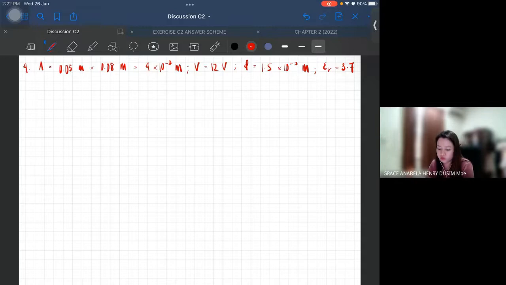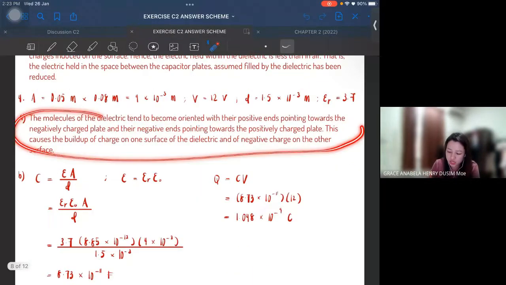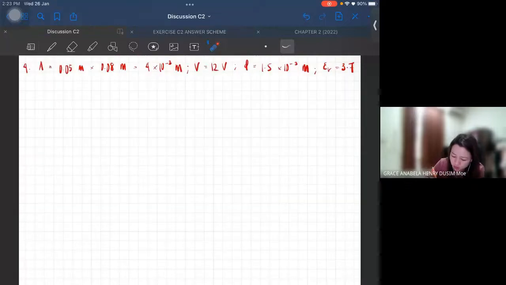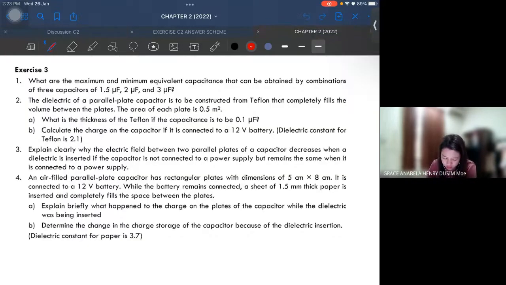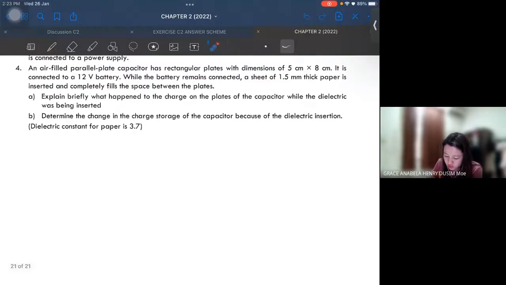For number 4A, you can look back later. I'm just going to go straight ahead to question B, which asks us to calculate the change in the charge storage because of the dielectric insertion.